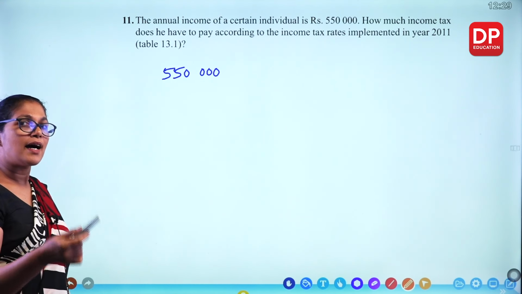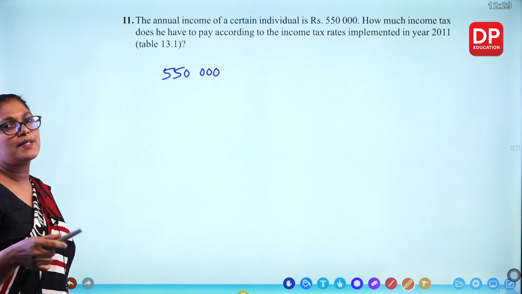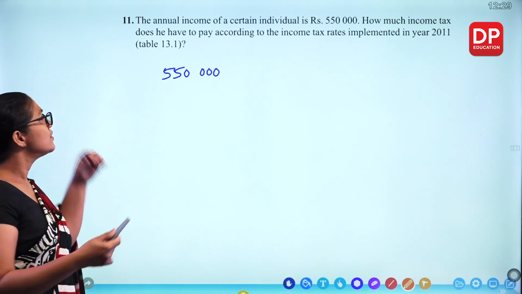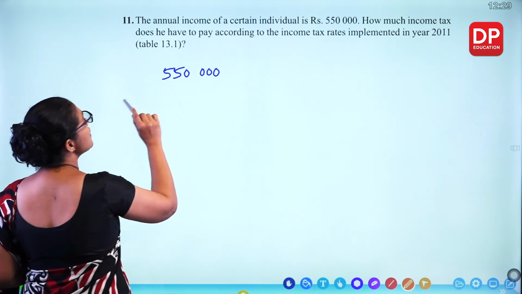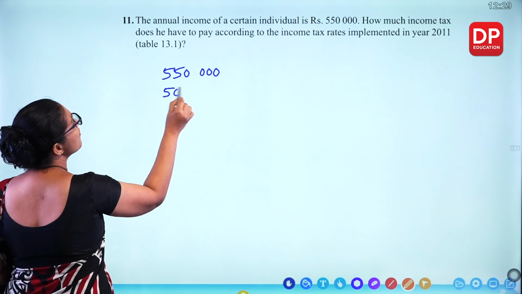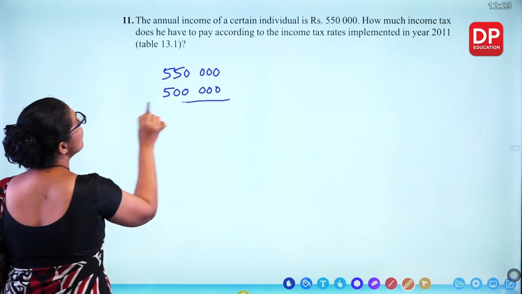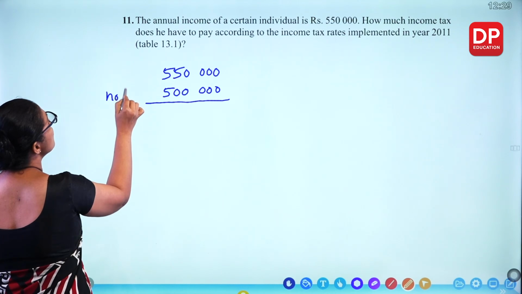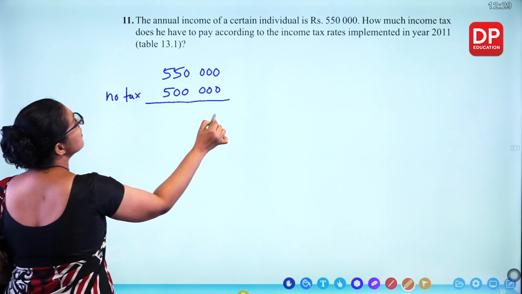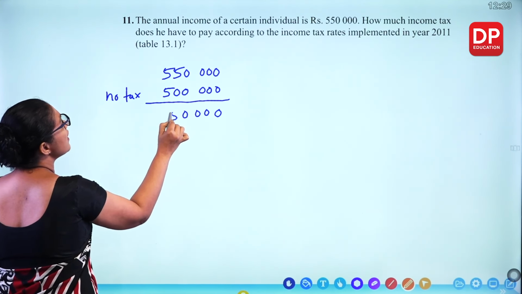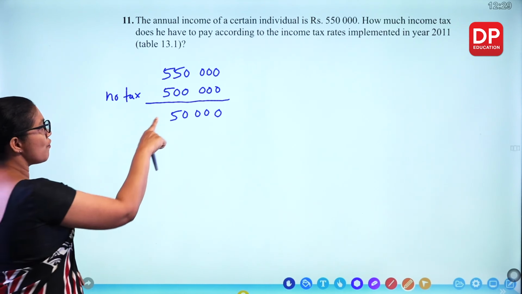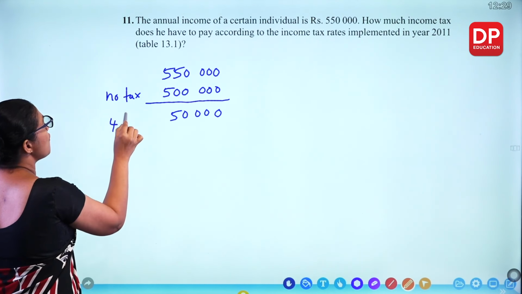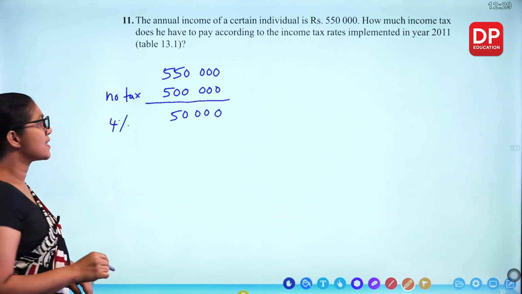Then the next 500,000, 8%, 12%, like that. So we'll take first 500,000 off. So this is with no tax. You get another 50,000. So for 50,000, you have to pay 4% tax.